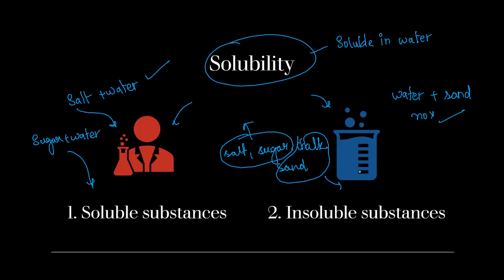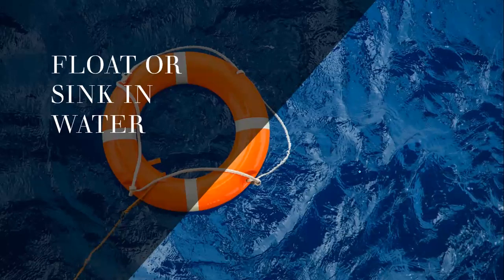And now, based on whether a substance can sink or float, we can also classify them as floating or sinking in the water. For example, if I talk about the glass tumbler, this is what happens when I put it in the water. It's basically going to sink, right?